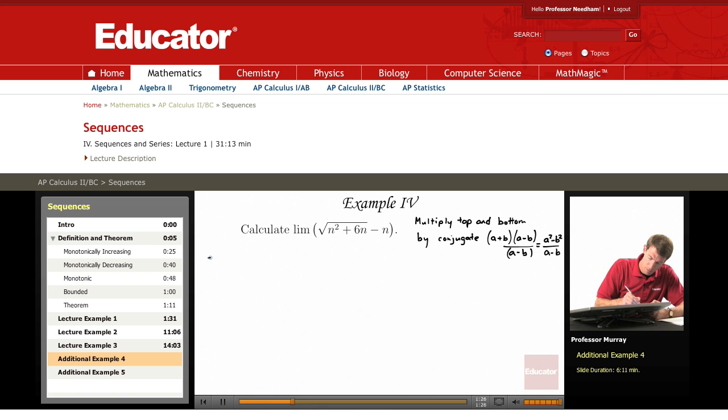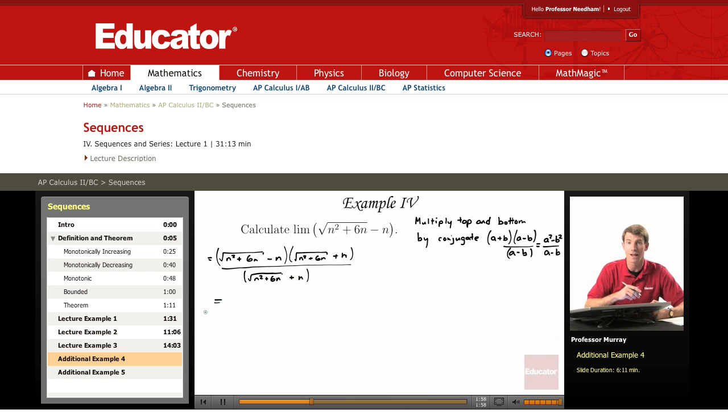We have the square root of n squared plus 6n minus n, and I want to multiply that by its conjugate, the square root of n squared plus 6n plus n. And to pay for that multiplication, I have to divide by the same expression, the square root of n squared plus 6n plus n. In the numerator, we get this a squared minus b squared expression.